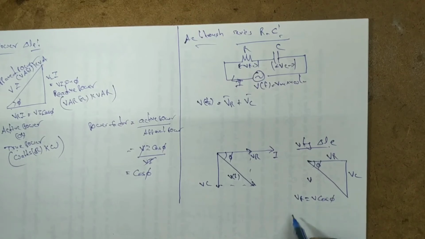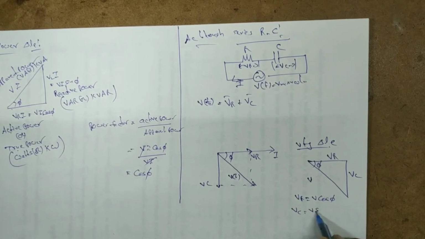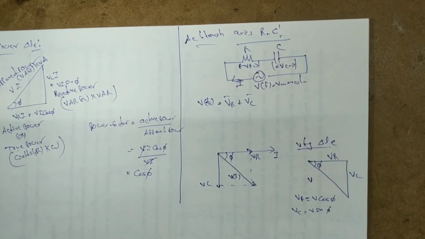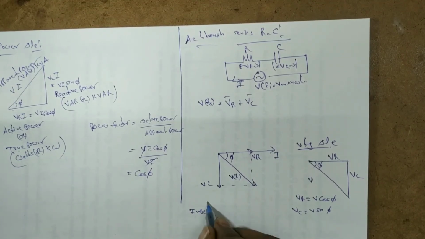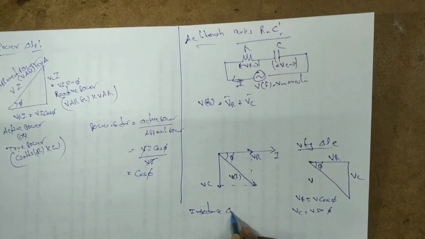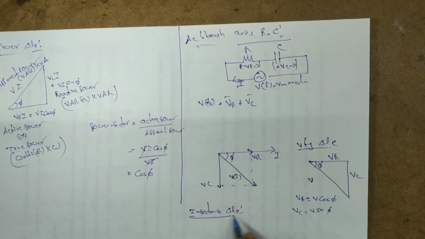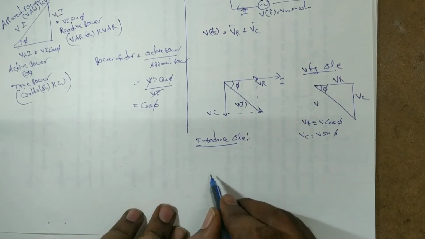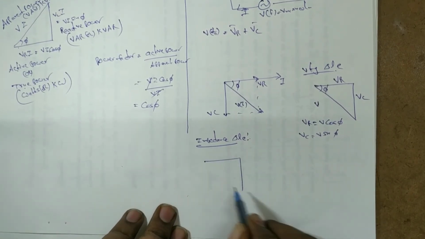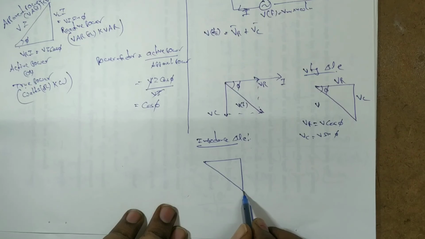But here the triangle is a lower triangle because the imaginary axis is reversed. Now we will draw the impedance triangle. Impedance means each side of the voltage triangle divided by current. Same voltage triangle, but the sides are divided by current.